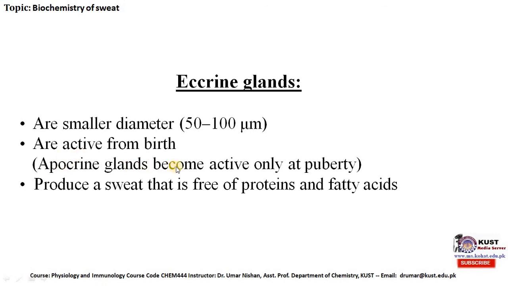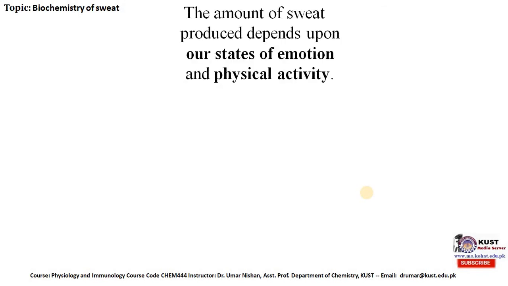Apocrine glands become active only at puberty, and produce a sweat that is free of proteins and fatty acids. Now, the amount of sweat produced depends upon our states of emotion and physical activity.